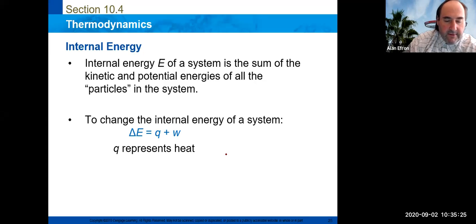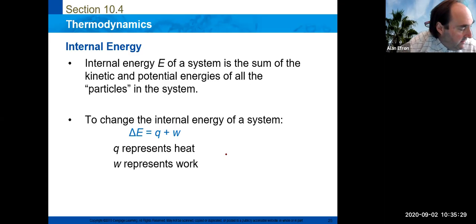A little bit about internal energy. We don't get into a heck of a lot on this, but just to cover it: the change in internal energy, delta E, is equal to Q plus W. Q is heat, and W represents work.